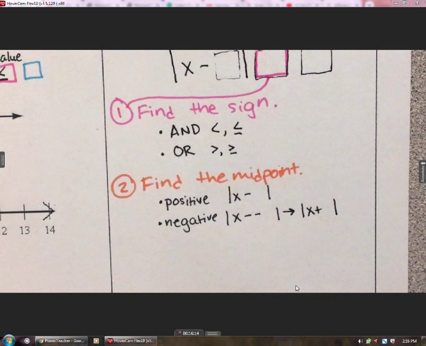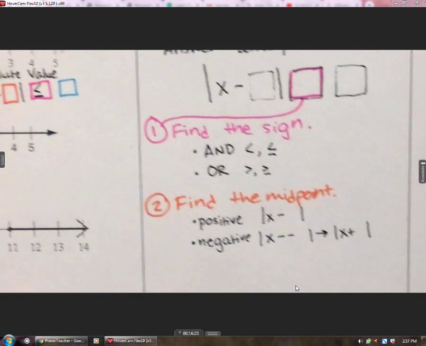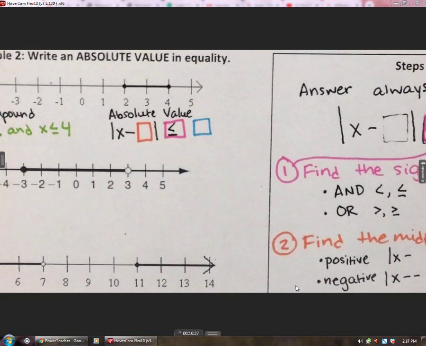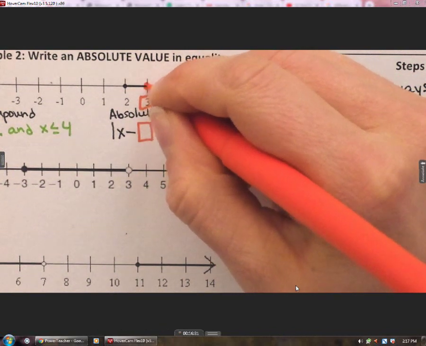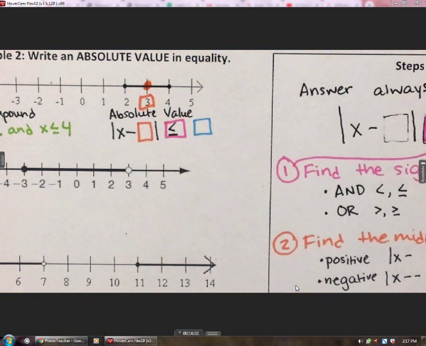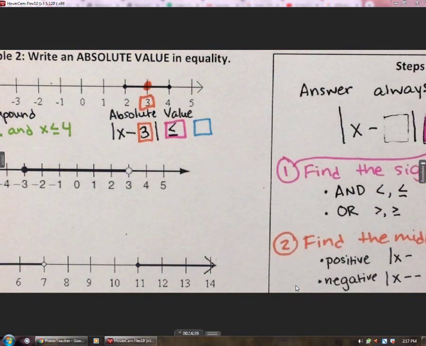These are just cheat sheet notes. I know I'm not showing you examples, so it's okay if you feel a little unsure right now. They'll become clear. So what's the midpoint of our example over here? 3. Is that a positive or a negative number? Positive, so I'm just going to plug in 3 right here. X minus 3, even though it's positive.